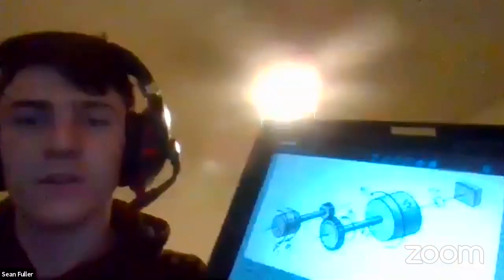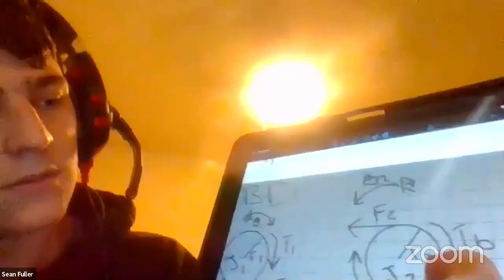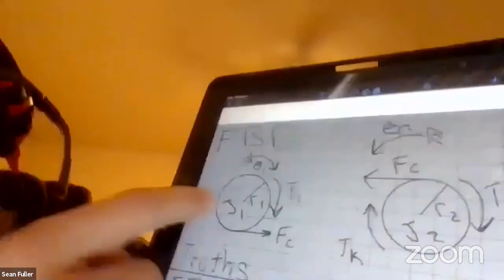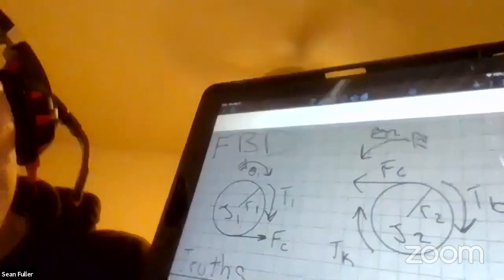All right, so I drew my free body diagram. I had J1, J2, J1. There was the radius, torque 1, and then the force of contact.